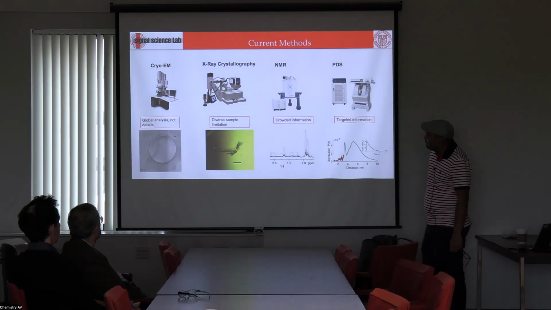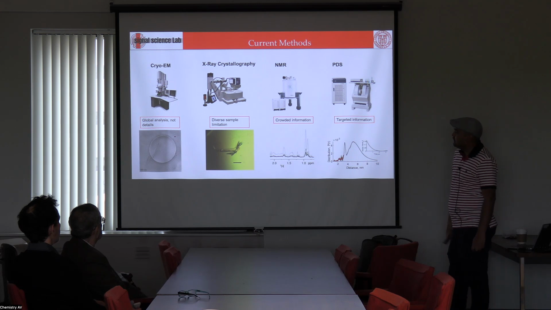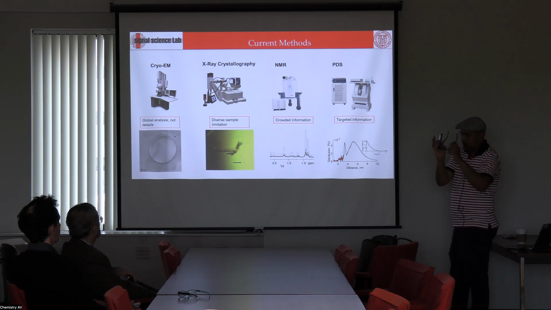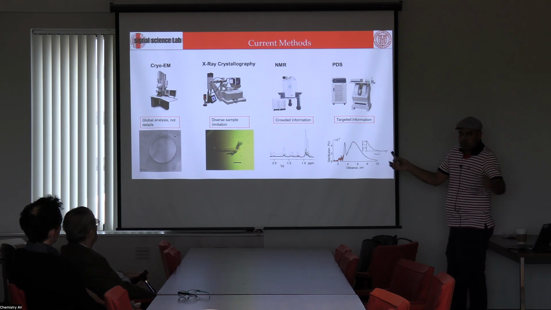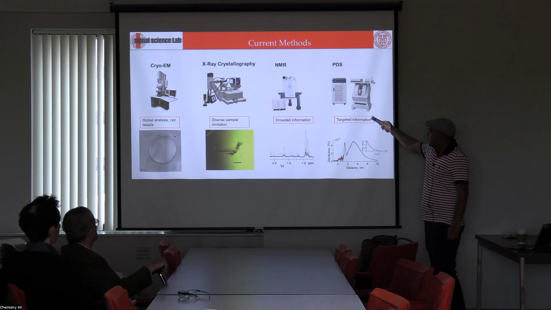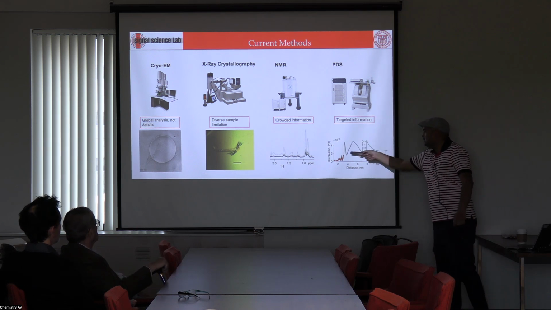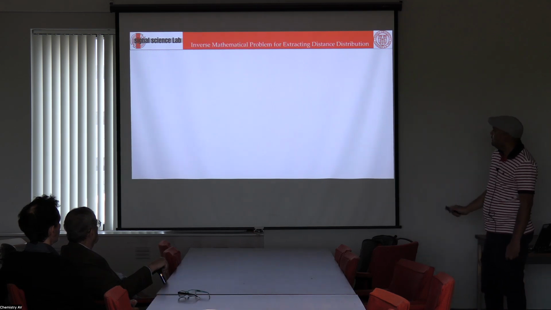X-ray crystallography can give you specifics, but you have to have a special preparation, and it gives you a certain orientation. NMR gives you crowded information, everything which you need to decouple. ESR gives you targeted information where you can find the long distance between two spin labels.